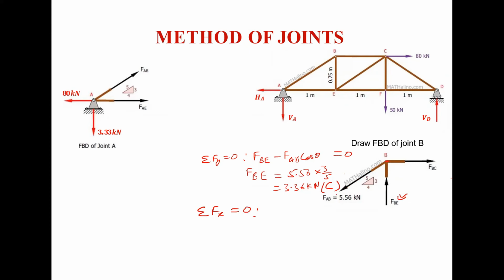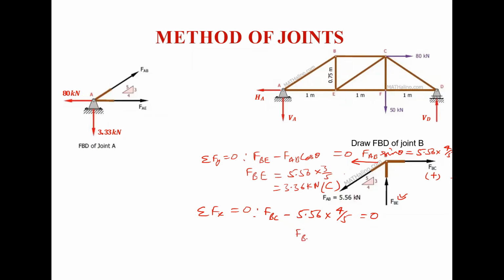First you need to find the horizontal component of FAB, which will be equal to FAB sin theta, equal to 5.56 into 4/5. Its direction is leftward, and this FBC is acting rightward. So if you consider rightward as positive, you will get FBC minus 5.56 into 4/5 equal to 0.